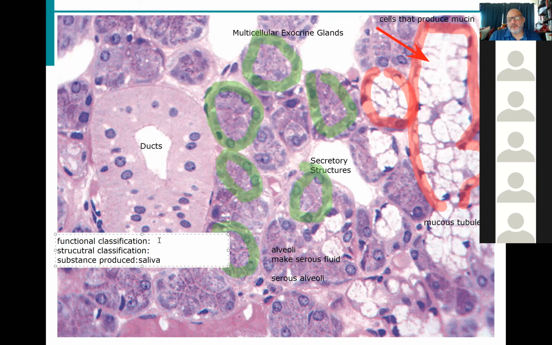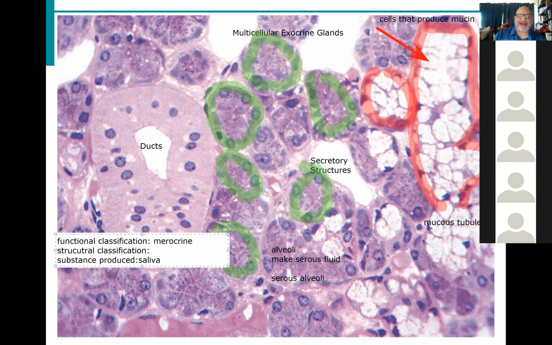What did we say the most common one was? I know we just did it like an hour ago, so you're really having a chance to process it, but I'll wait while you look back at your notes. What is the functional classification of a salivary gland? Merocrine, excellent.